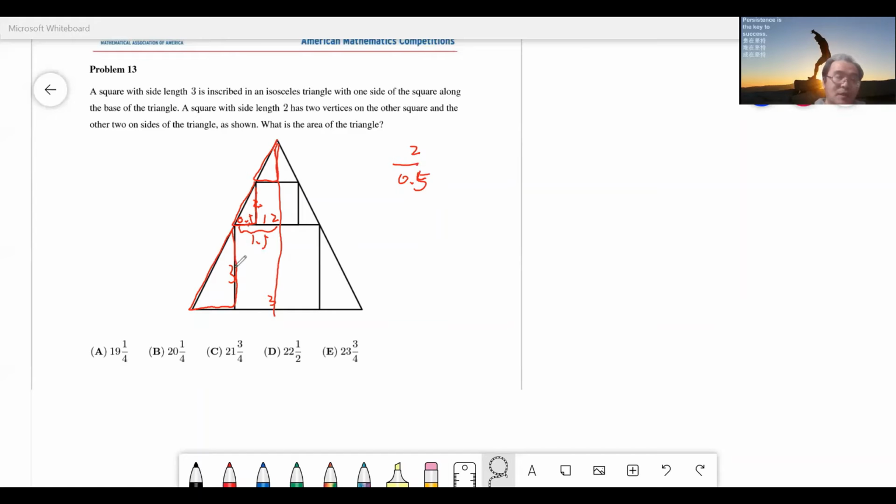Right. So for these three similar triangles, if we call this short leg x, that's going to be 3 to x. So you can easily find this x equal to, let's see, 4/3. Yeah, right, this is 4/3.